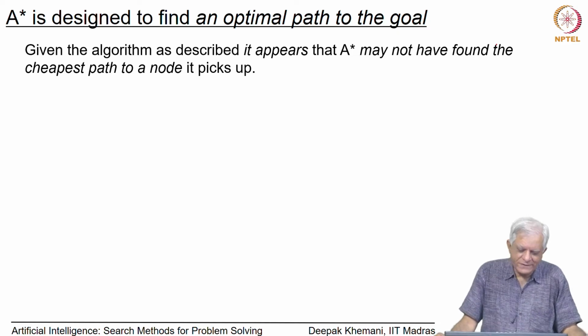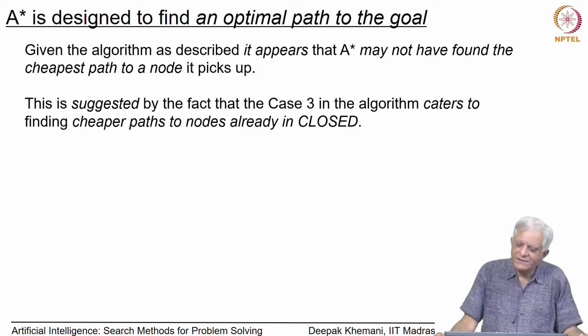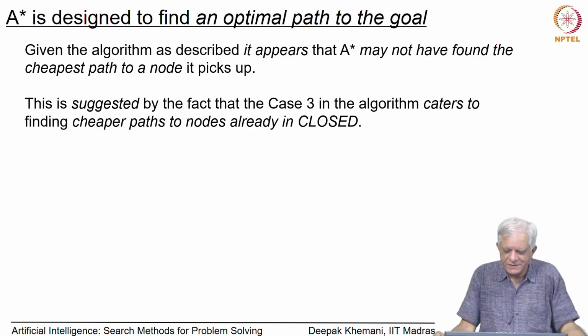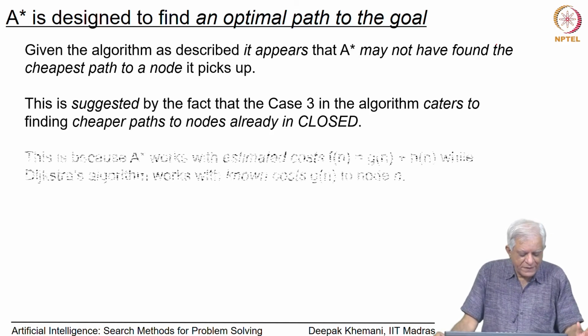That is not the case in the A star algorithm, because the algorithm incorporates case 3, which caters to the fact that you might find cheaper paths to nodes already in closed. So, this is where A star is different from Dijkstra's algorithm.